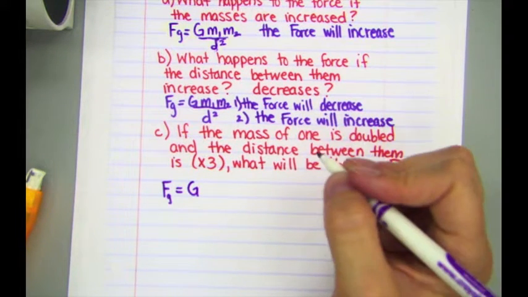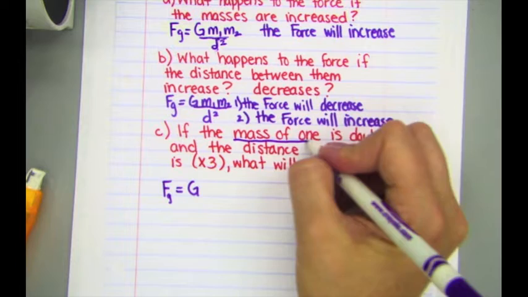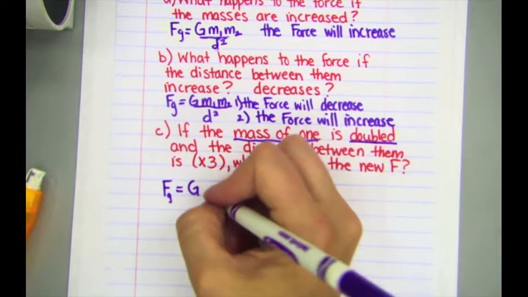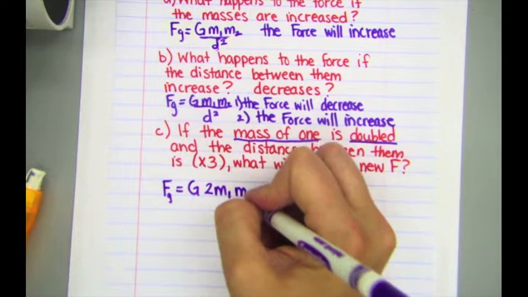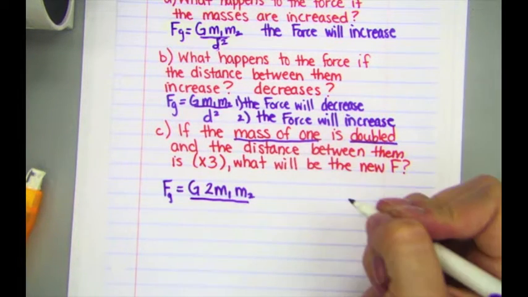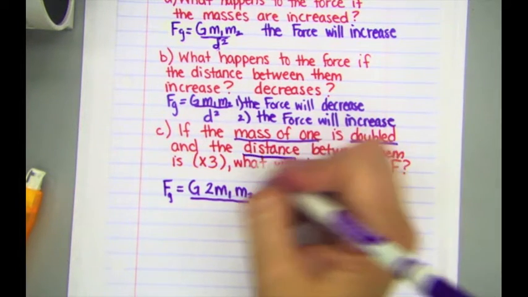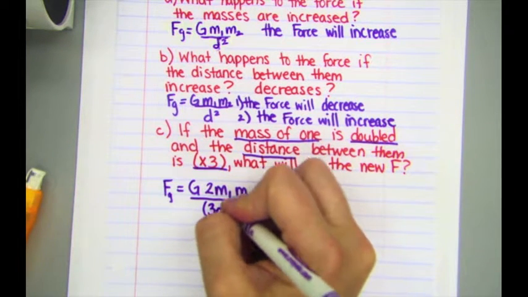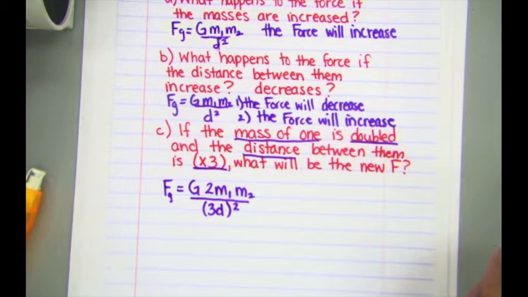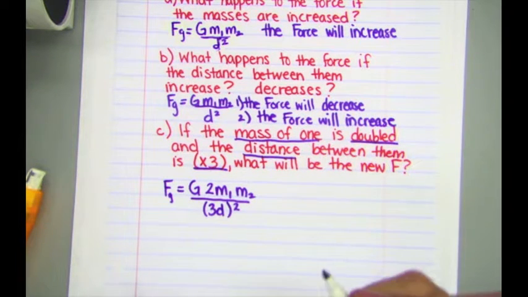I said mass 1 is doubled. So I'm going to put a 2 in front of mass 1. It says the distance is times 3. So I put a 3 times d in the parentheses and then square.